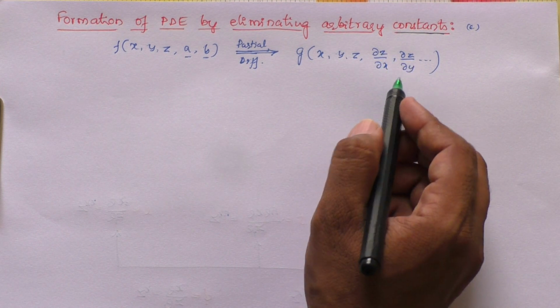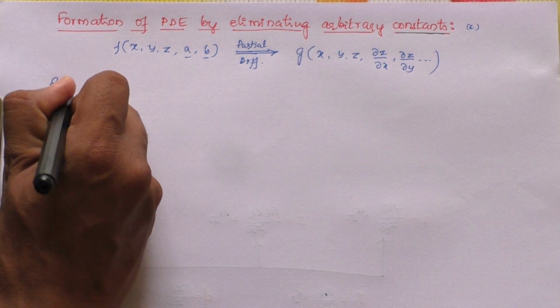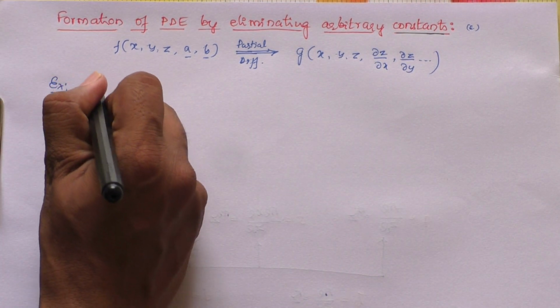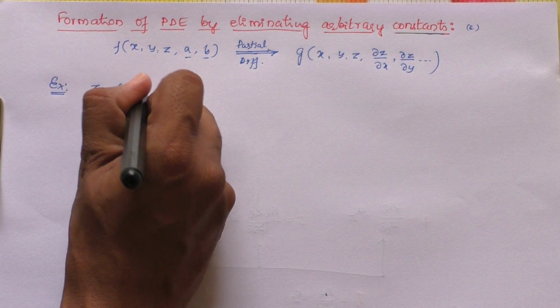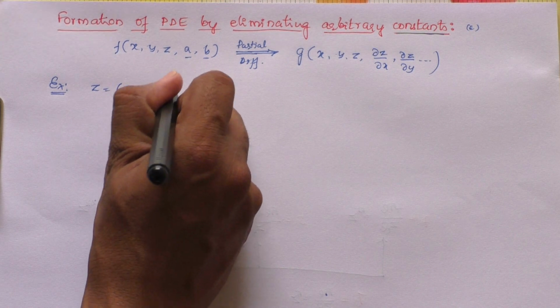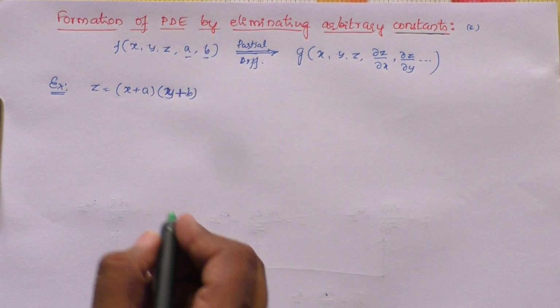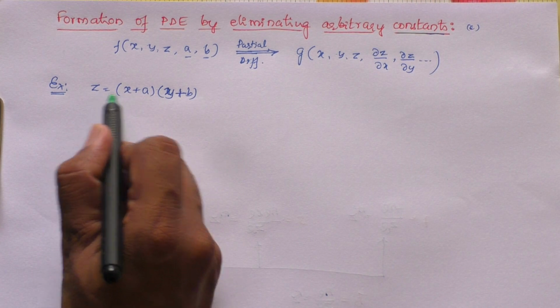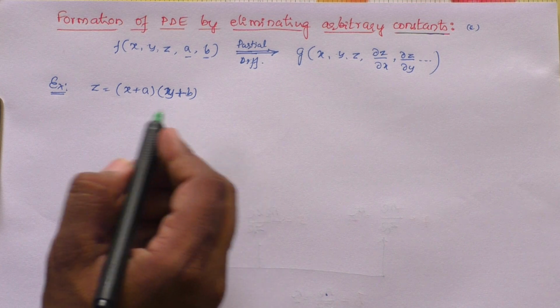So now let us understand through examples. Let us go through the first example. Form PDE by eliminating a and b from the expression z equal to x plus a into y plus b. Here z is a function of x, y and the arbitrary constants are a and b.